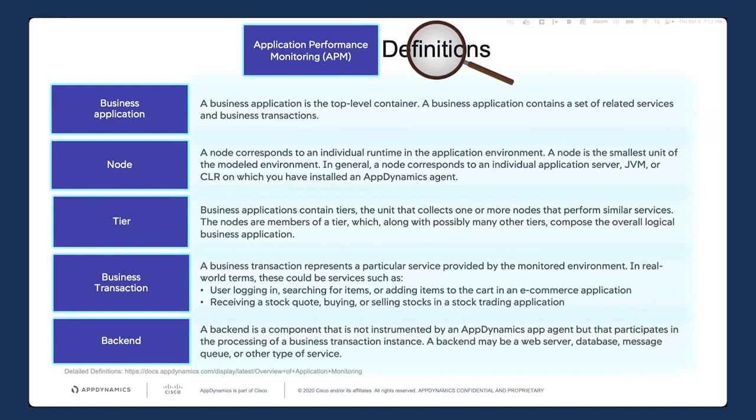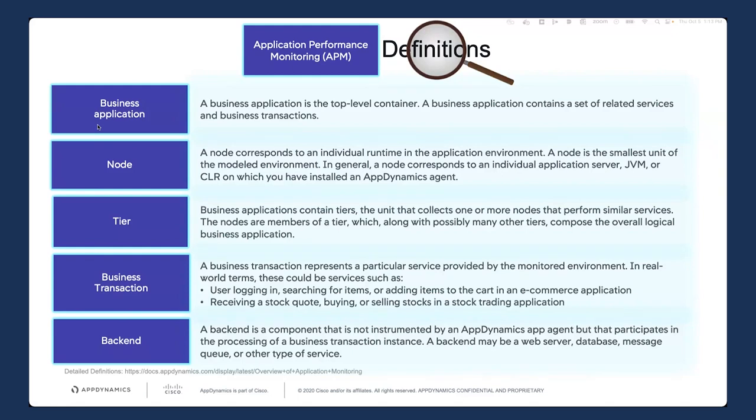First of all, you see here on these sections, business application node tier, that's encapsulated in what we call a data model. So that's a 3-layer data model. What AppD does at the top of that data model has an application. That application is a group of tiers which provides a specific business function. The application can be any of your internal services or any customer-facing applications.